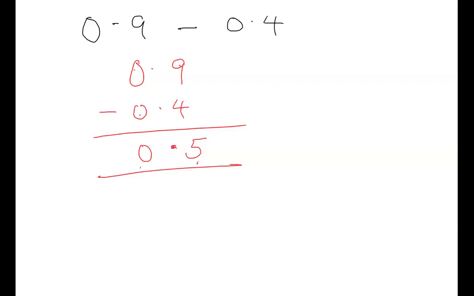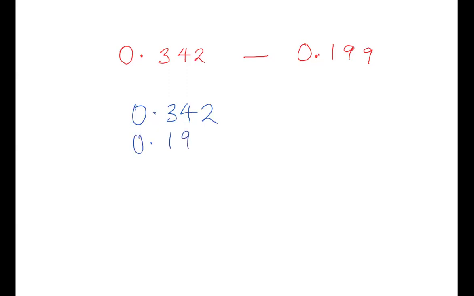So let's look at the ones that are slightly bigger. If you have 0.342 minus 0.199, put it up, just similar to before: 0.342, 0.199.